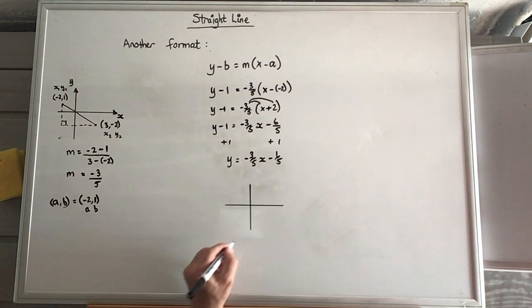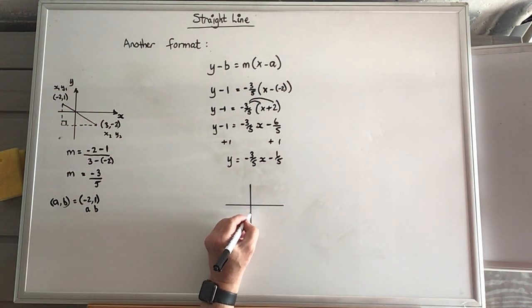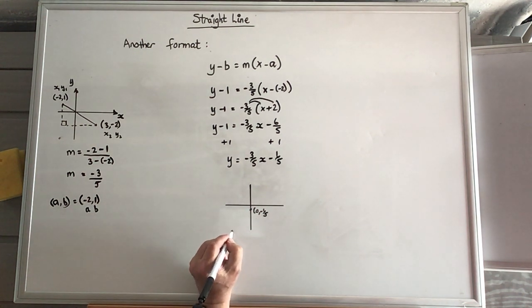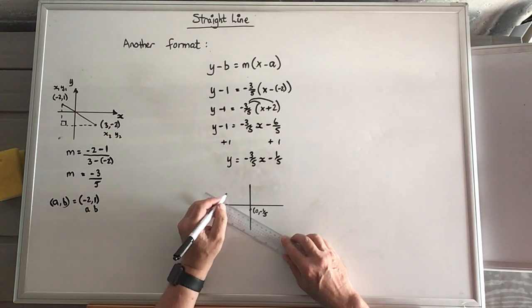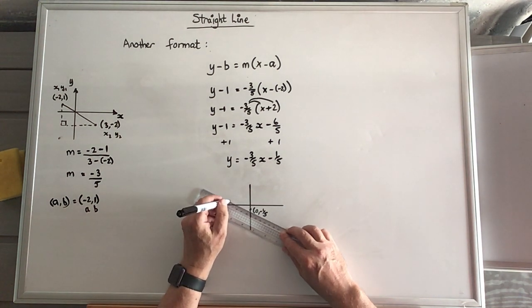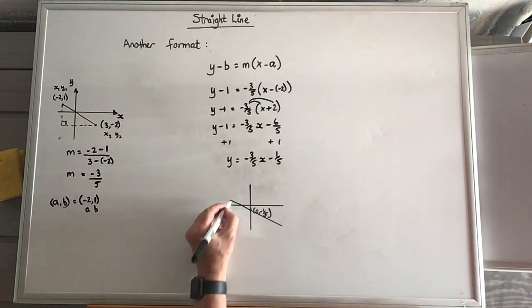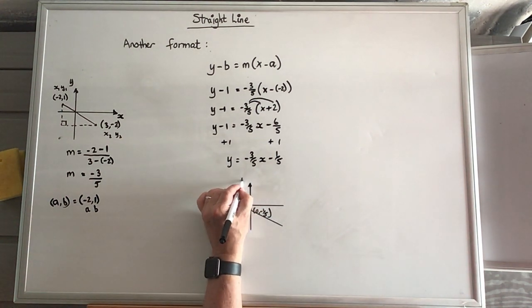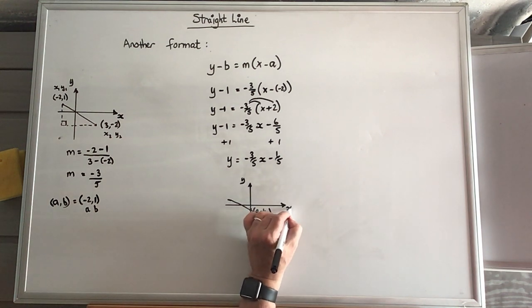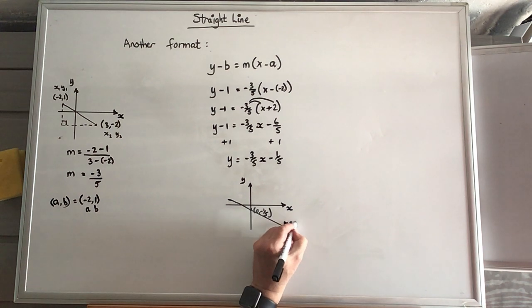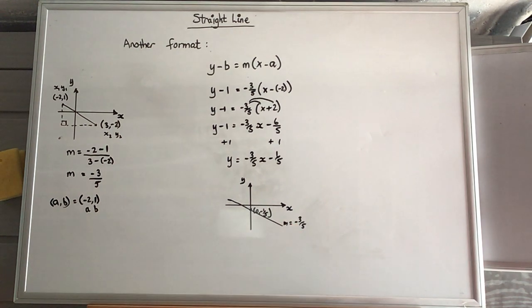Well, we know it crosses at (0, -1/5), and it's a negative slope. So it goes something like that. Remember your y and x axis. Okay, that's the sort of sketch you could put on here. m equals minus 3 over 5 if you like.